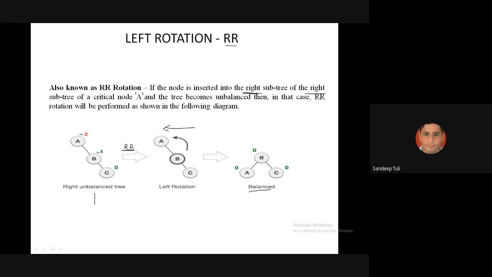Okay, sir. In order to make the tree balanced, we have to do this transformation. And in that, if some other node is becoming the root node, you just see whether the other properties of the binary search tree are violated or not. No, sir, other properties are not violated.